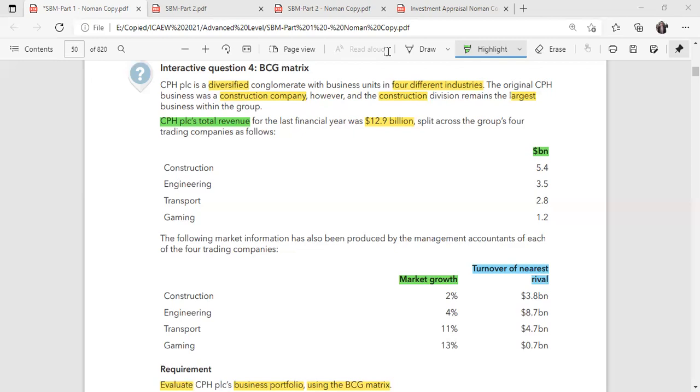Engineering is a dog because we have around 3.5 while the nearest rival is 8.7, with low market growth and low market share.